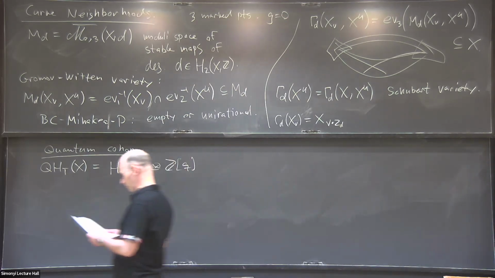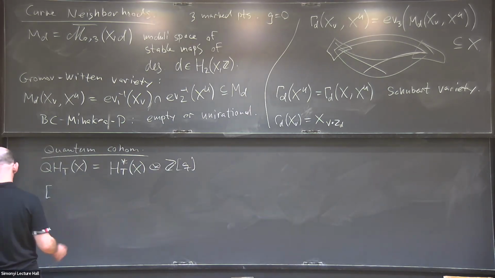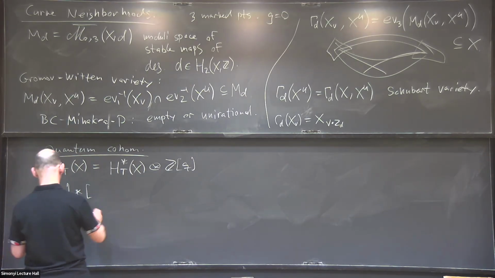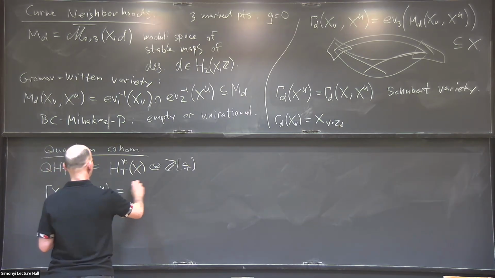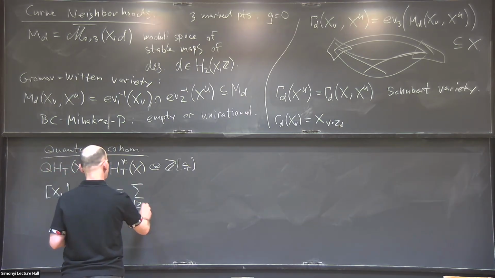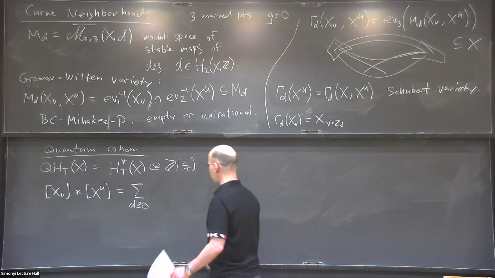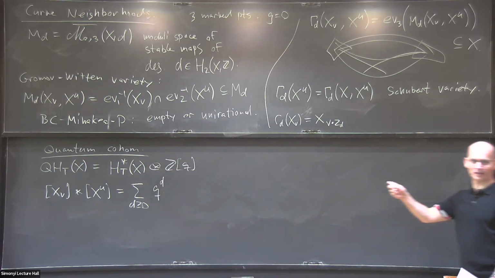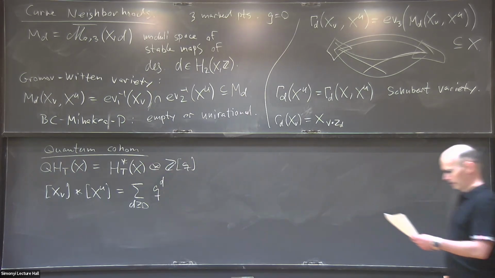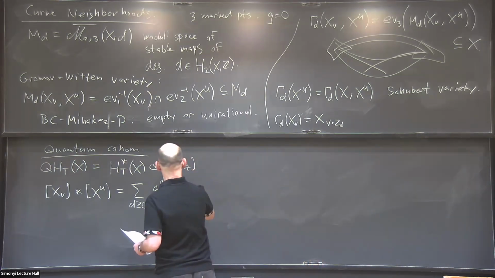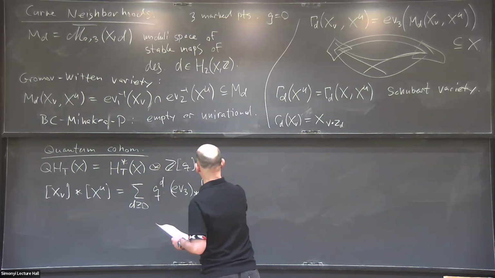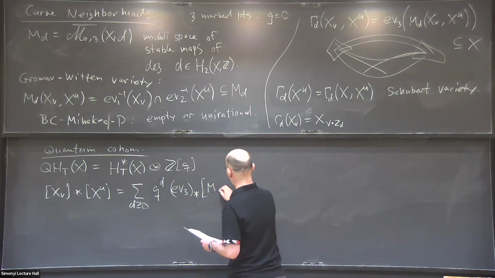And we use the Qs to keep track of curves in the following way. The quantum product of two opposite Schubert classes can be defined as a sum over all degrees D greater than or equal to 0. I take Q to the D. That Q to the D is just to keep track of the degree of curves. And then this is times the push forward by the third evaluation map of the equivariant class of the homogeneous variety.